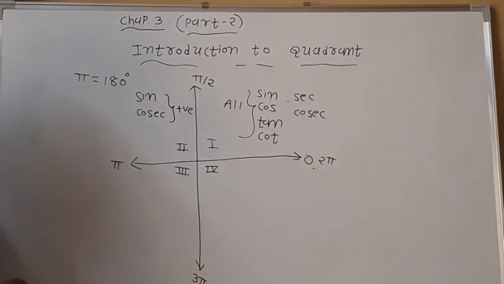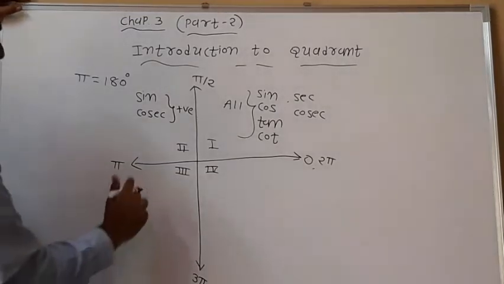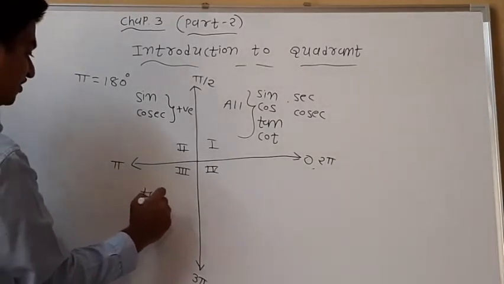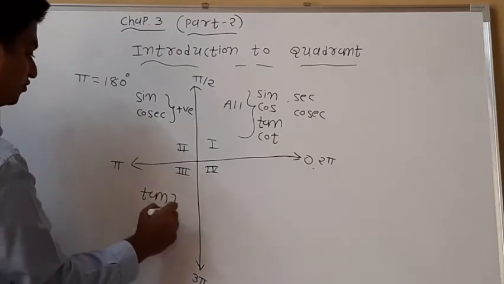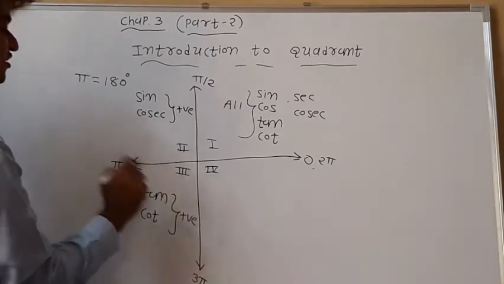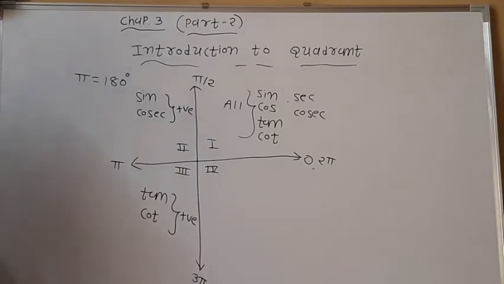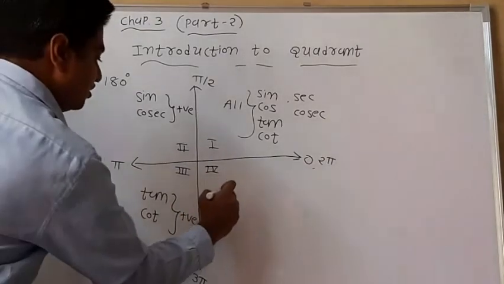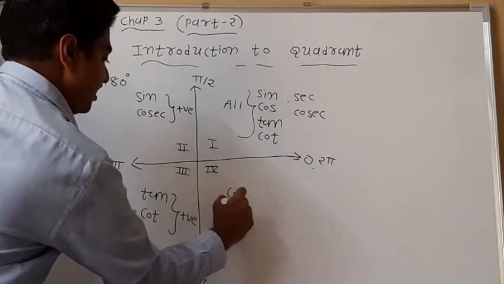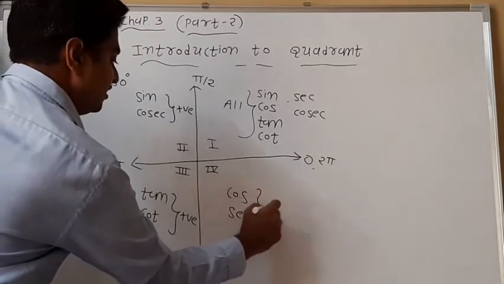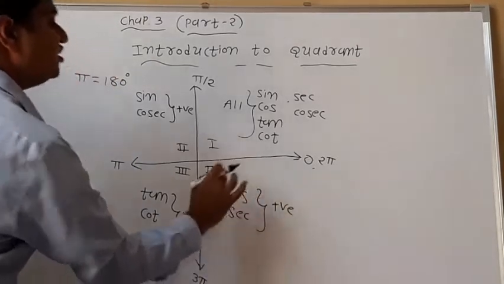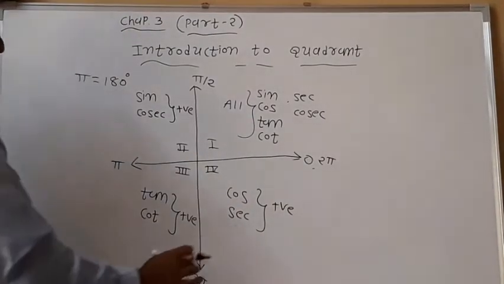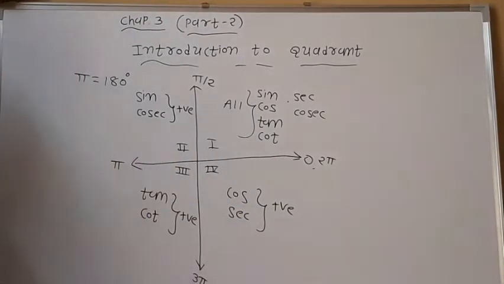In the third quadrant, tan and cot functions are positive and the remaining four functions are negative. In the fourth quadrant, only cos and sec are positive and the remaining four functions are negative.